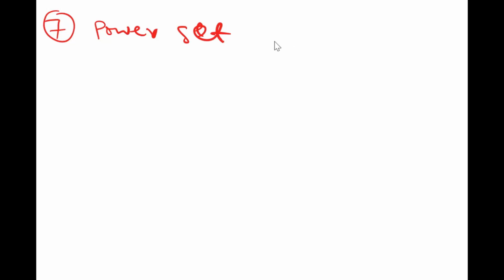It's usually denoted as P. And the formula is 2 raised to power n, where n is the number of elements.